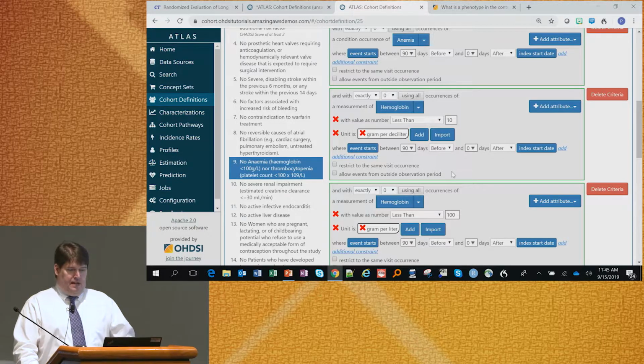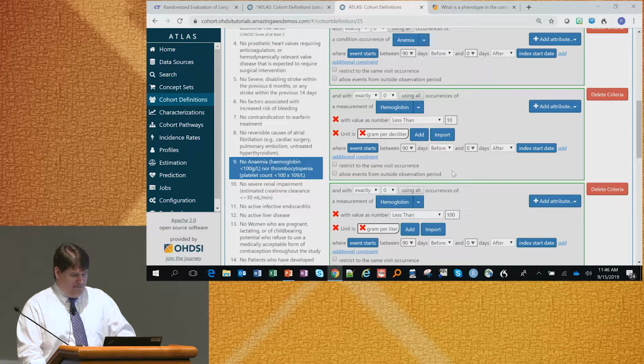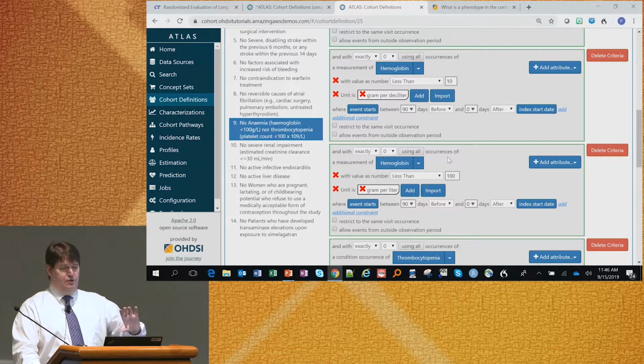So in this particular case, when dealing with measurements in the CDM, you specify the value that you want to look for and what that value should be less than or greater than, and also specify the units of measure for that particular measured value data. So in this case, the hemoglobin was specified, like 2 ways we define this.